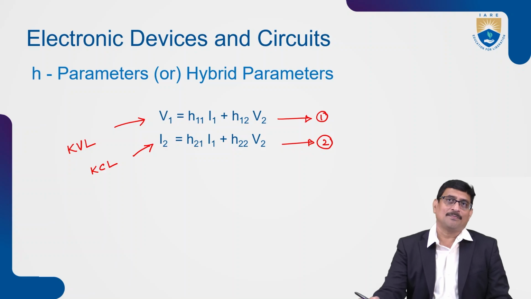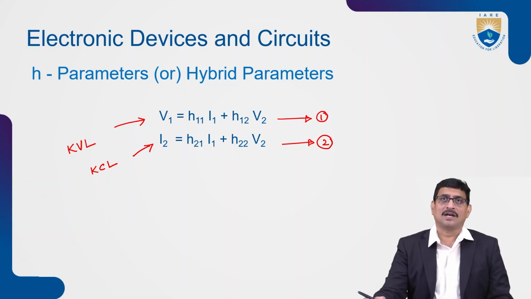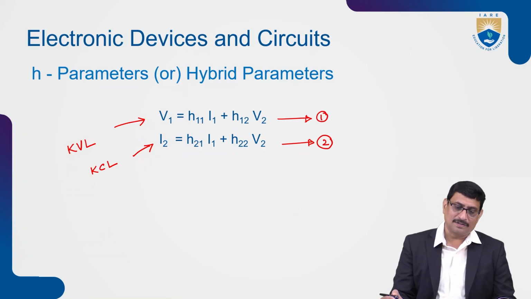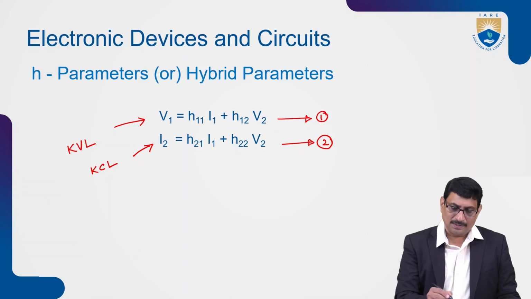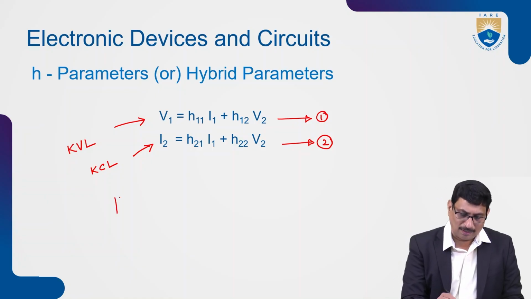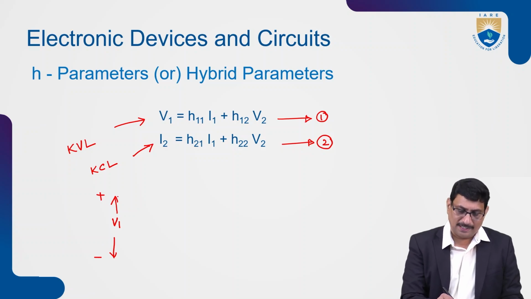Now I will apply them in the reverse direction: Kirchhoff's voltage law in reverse to the first equation to get the circuit, and Kirchhoff's current law in reverse to the second equation to get the circuit. For the first equation, let us see what circuit diagram we get. This is V1 equal to h11 I1, where h11 is the impedance.